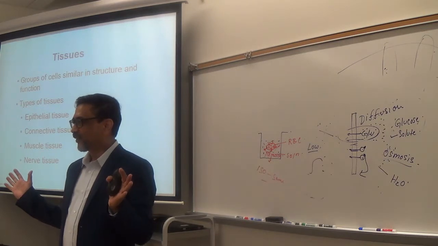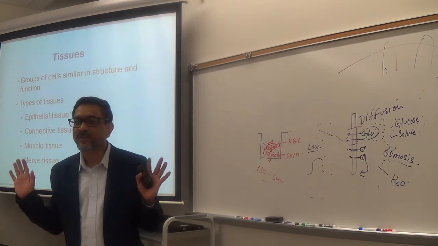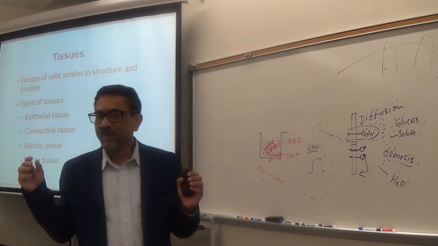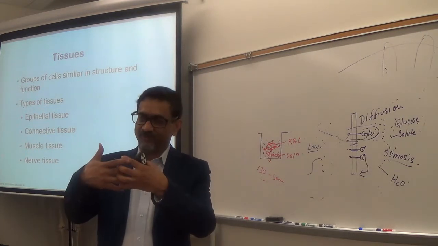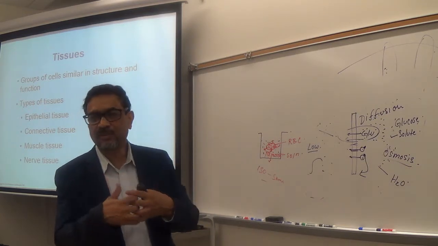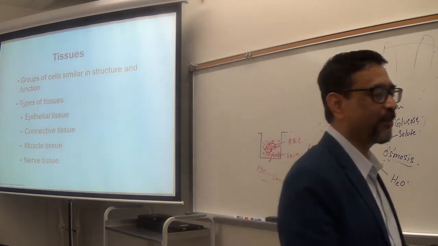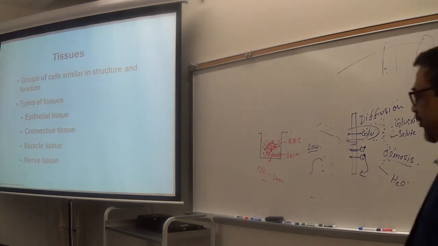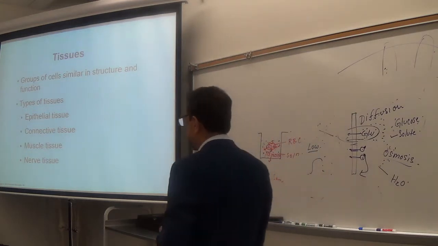Make sense? So they join to form cardiac muscle tissue. In your brain tissue, all neurons are there. So neurons join together to form neural tissue. 4 different types of tissues: epithelial, connective, muscle, and nerve or neural tissue.